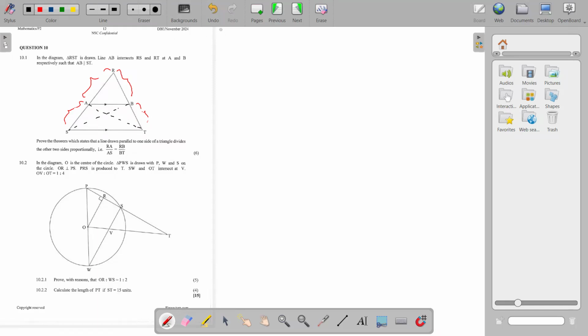So we are going to say construct diagonals AB, sorry, it's AT, and the other diagonal is BS.